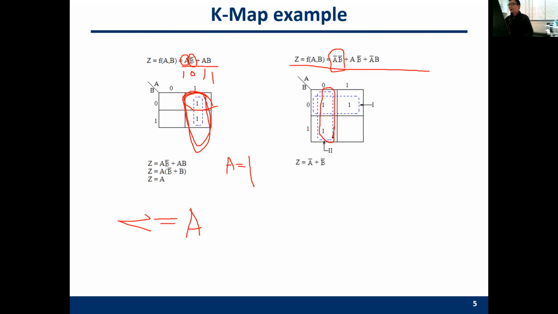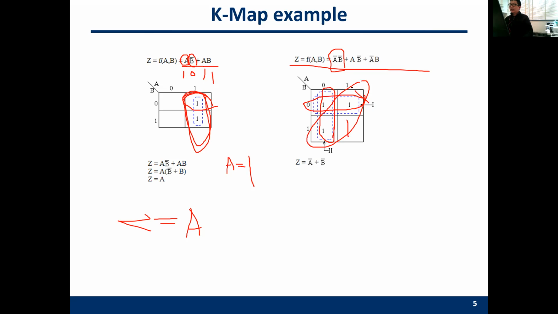So I draw a circle like this, and then draw a circle like this. Can I draw a circle in this way? No, you can only draw a vertical or a horizontal one.